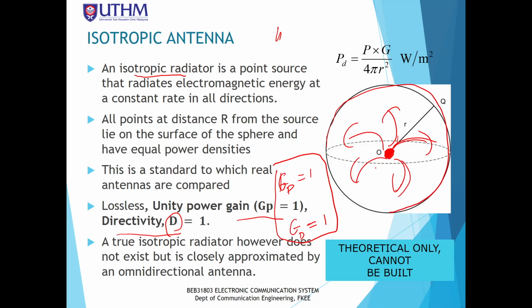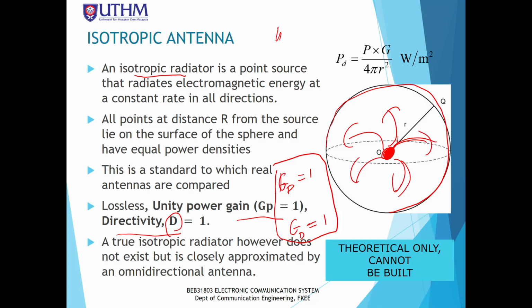This is the radiation pattern. The antenna is at the center over here. Antenanya ada di tengah-tengah sini. It radiates the electromagnetic energy in all directions, and the shape of the radiation pattern looks like a spherical shape. Okay, itu adalah sifat yang pertama.